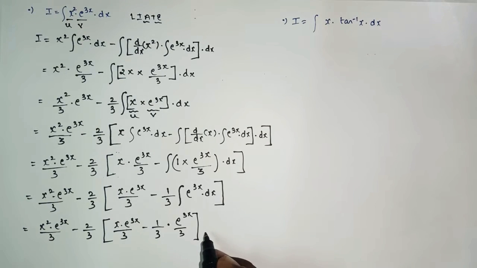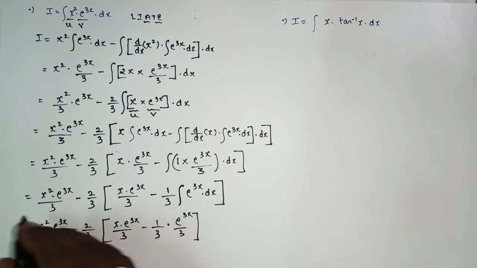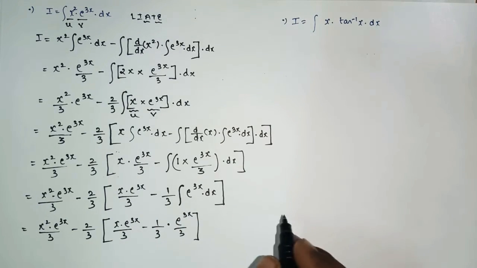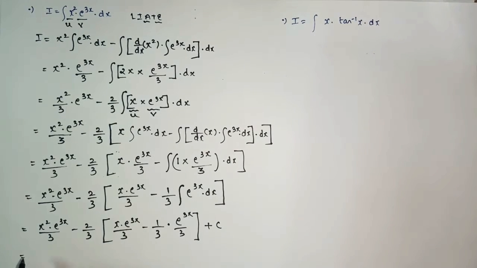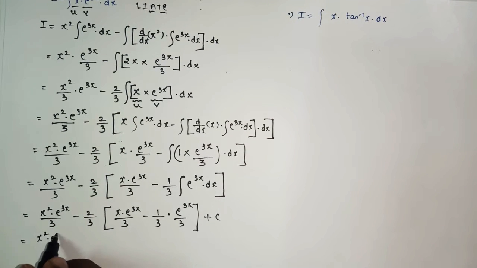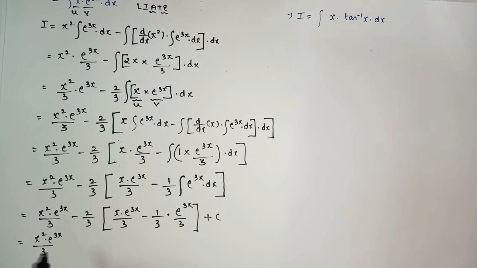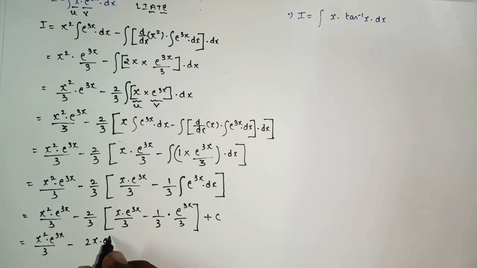Done with the integration with respect to x for each and every term, the integration is removed, and then we can write plus c. Okay, so now the final step will be x square into e raised to 3x upon 3 minus 2x into e raised to 3x upon 3, 3s are 9.